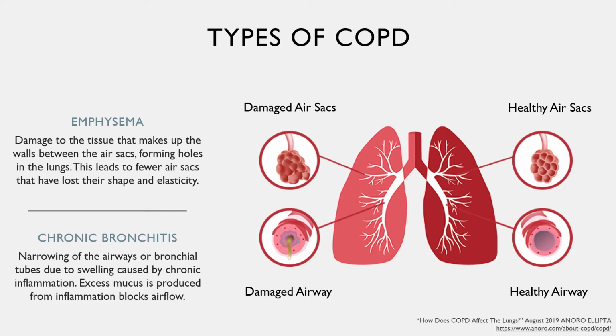This forms holes where the air becomes trapped, stretching out the air sacs, which reduces the amount of possible gas exchange. Chronic bronchitis causes swelling and narrowing of the airways due to chronic inflammation. This in turn produces excess mucus. The narrowed airways have become clogged with mucus, which blocks airflow.